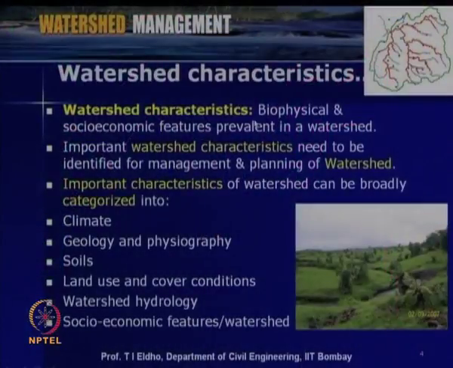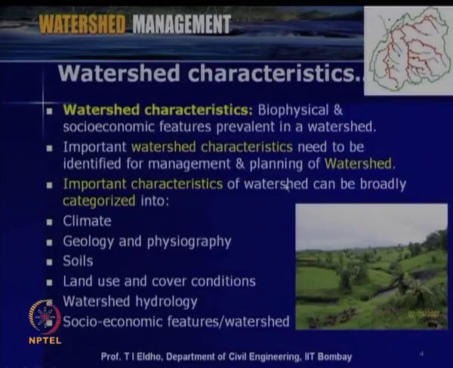There are a number of characteristics which we have to identify and then quantify, so that many of these parameters we utilize, especially when we go for watershed modeling or watershed management. As I already mentioned earlier, these watershed characteristics indicate the biophysical and socio-economic features prevalent in a watershed.